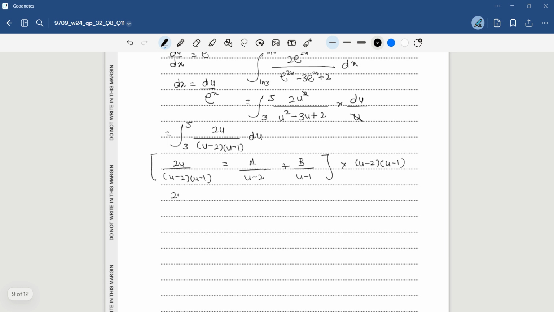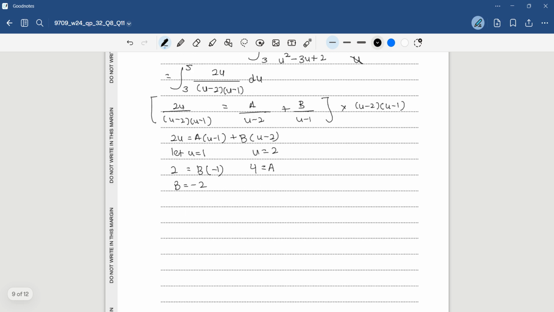You'll get 2u equals A(u minus 1) plus B(u minus 2). Therefore, let u equal to 1. So 2 will be negative B, so B equals negative 2. Now let u equal to 2. So 4 equals A, so A equals 4.